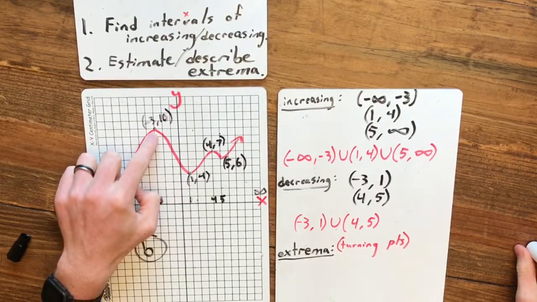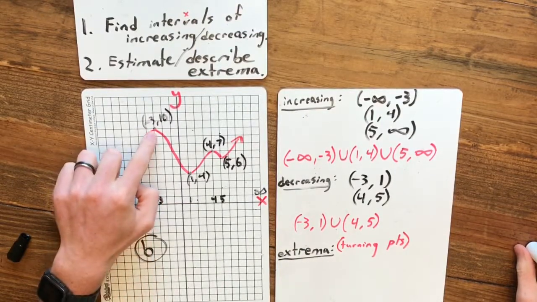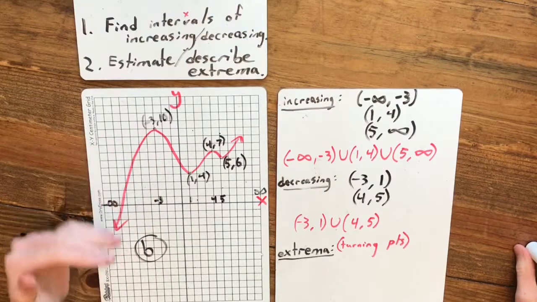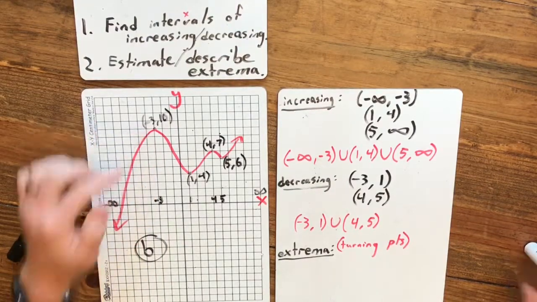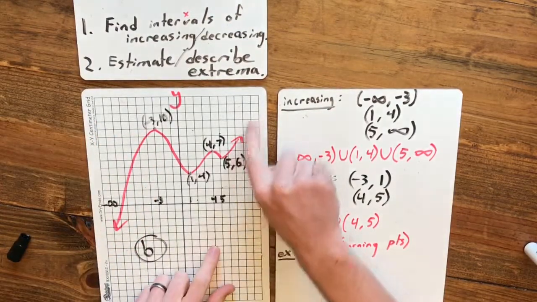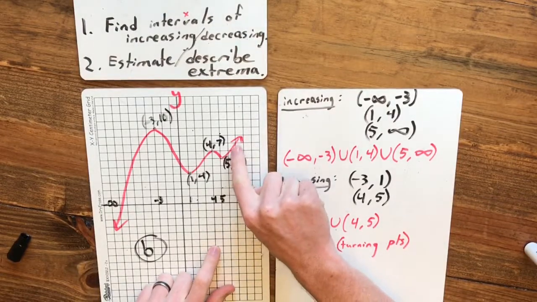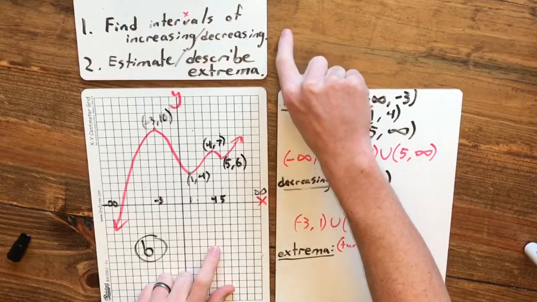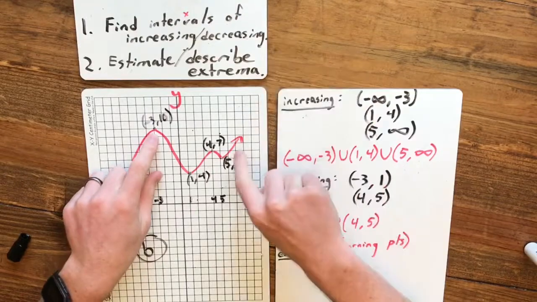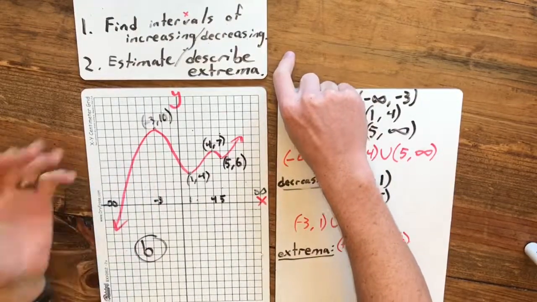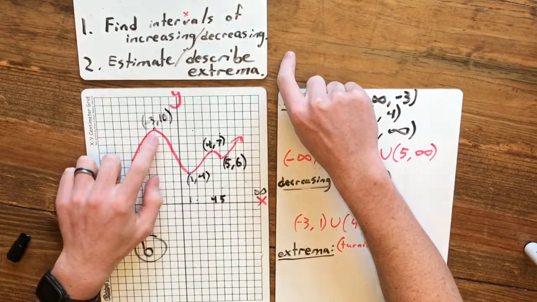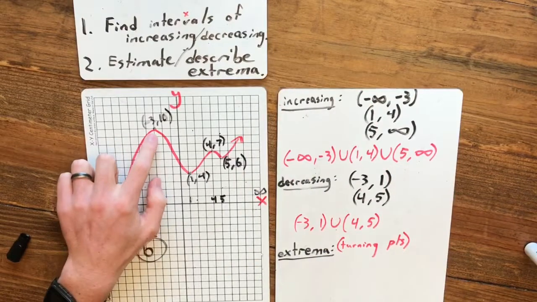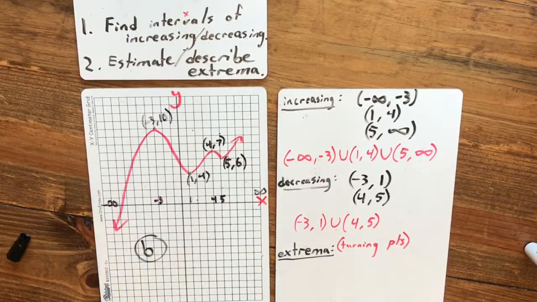Though this one seems really tall, like that is the biggest and most vertical point we see on this entire graph, but notice this arrow is pointing up, so we're going to get to a lot greater y values than what we see right here. So this is not an absolute maximum, this is a relative maximum.